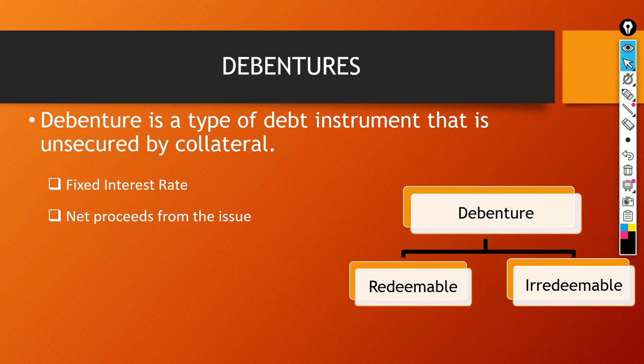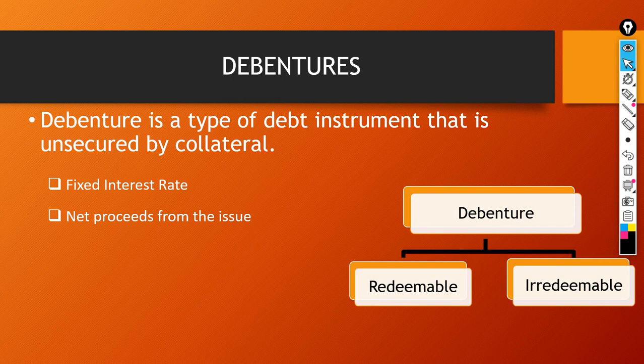So if I am getting 100 rupees by the sale of one debenture, I have to pay 1 rupee to the book builder, the commission agent, the broker. So the net proceeds I am getting from the sale of a debenture is 99 rupees. So net proceeds from the issue is 99.